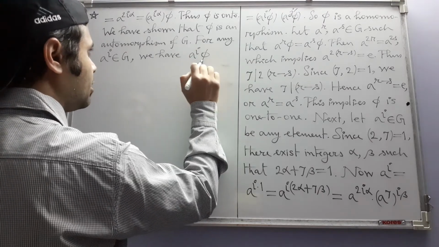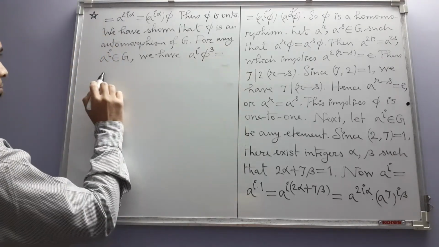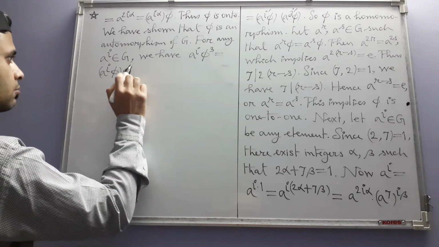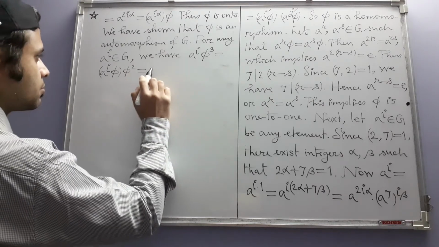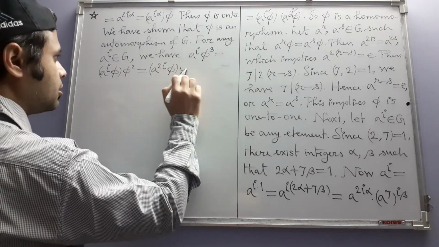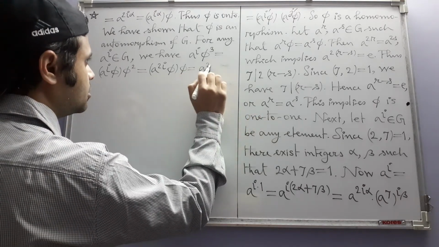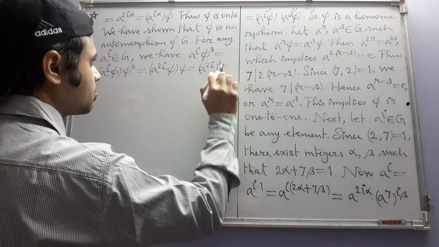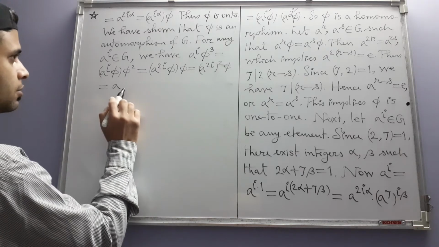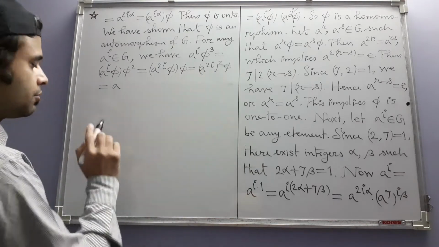What happens when we apply phi cubed to that element? I, then to that we can apply phi once more, and finally once more. So this is this. So these two and these two get multiplied by one of the rules of exponents.